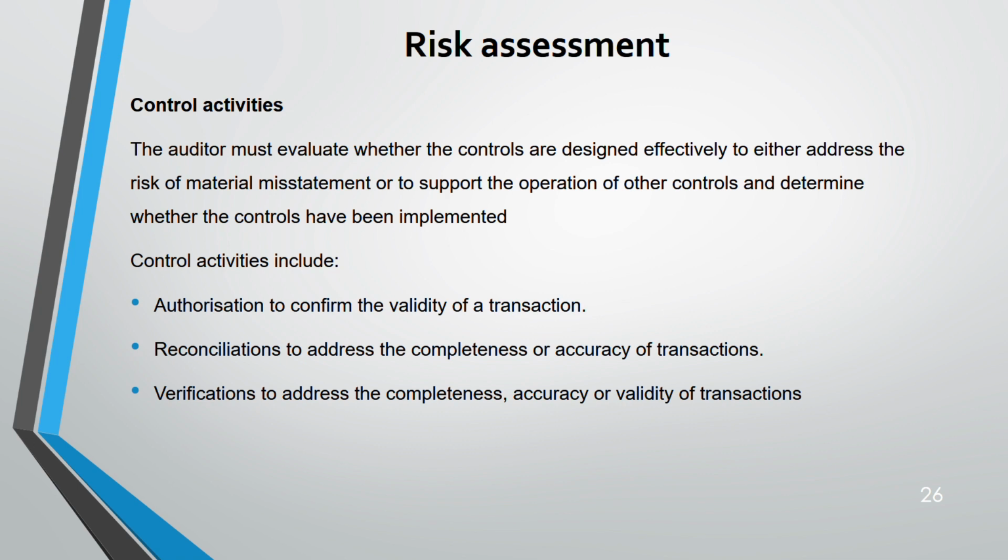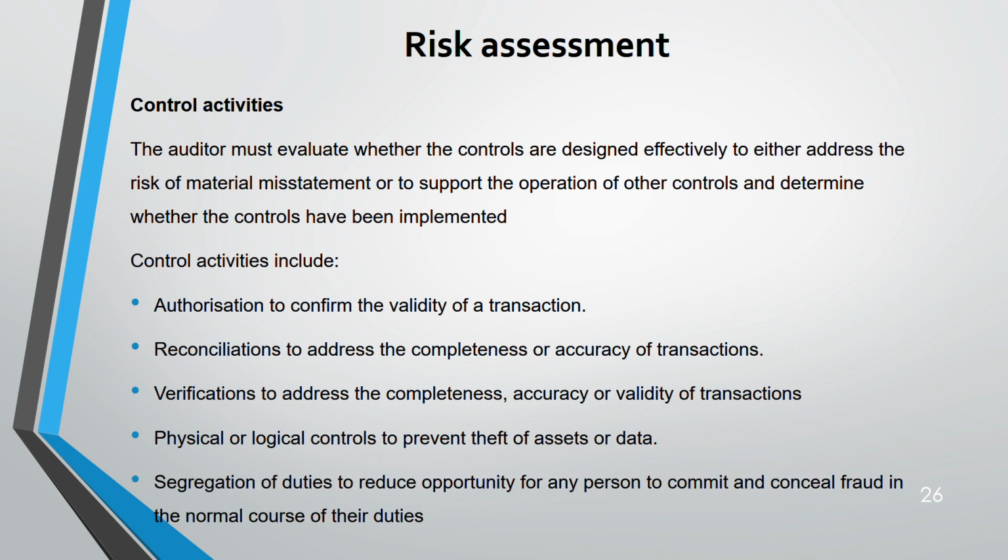Someone needs to be there to verify whether a transaction is complete and accurate. Then there should be physical or logical controls to prevent any theft of data or assets. Then segregation of duties has to be there so that fraud is prevented. Because when you segregate duties between two or three people, the opportunity to commit a fraud or an error reduces.